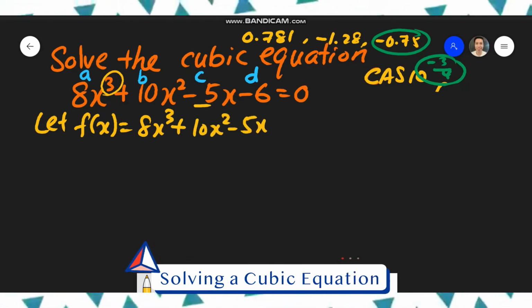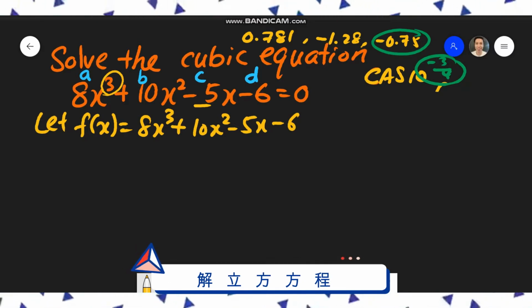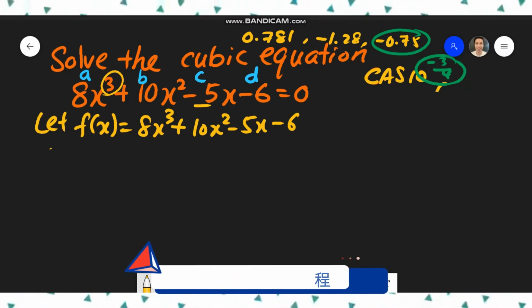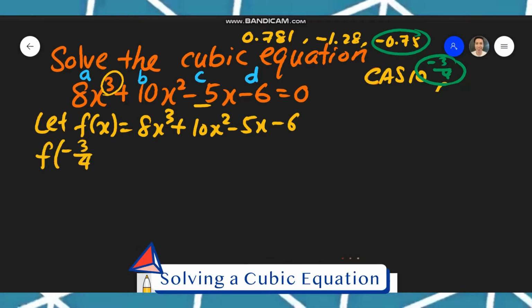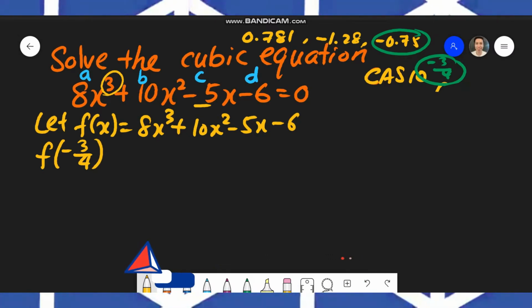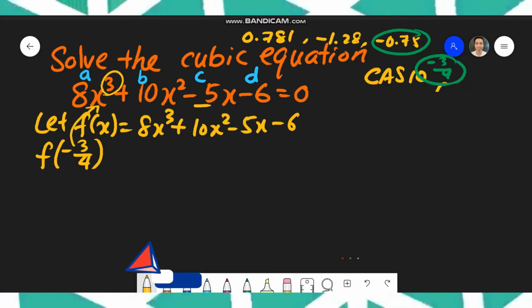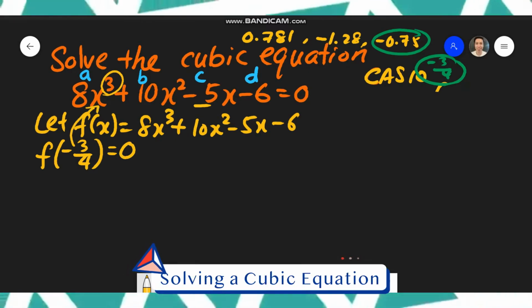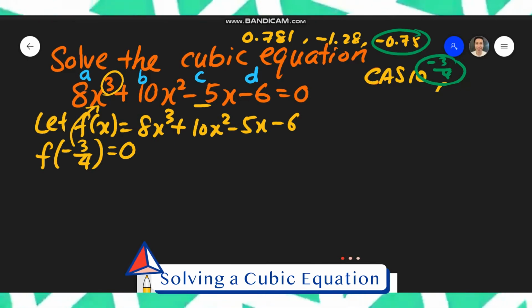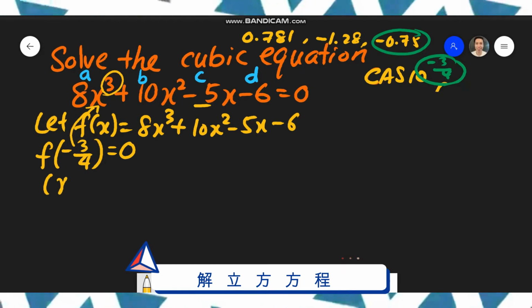Just now we chose -3/4, so right here, f(-3/4). If you substitute x with -3/4 into the equation in your calculator, you will be able to get 0. If you get 0, it means you have no remainder. No remainder means 4x plus 3 is a factor.